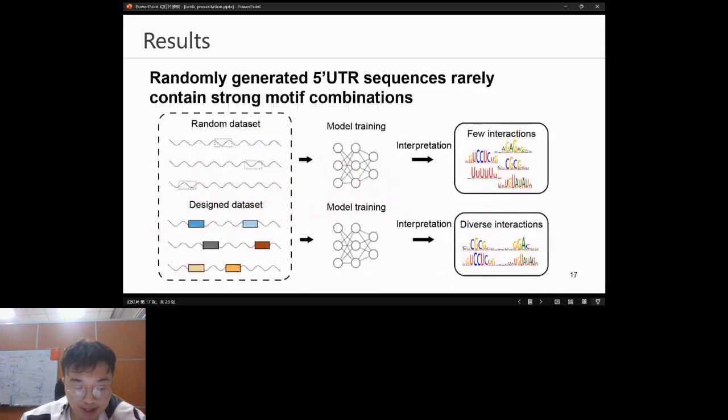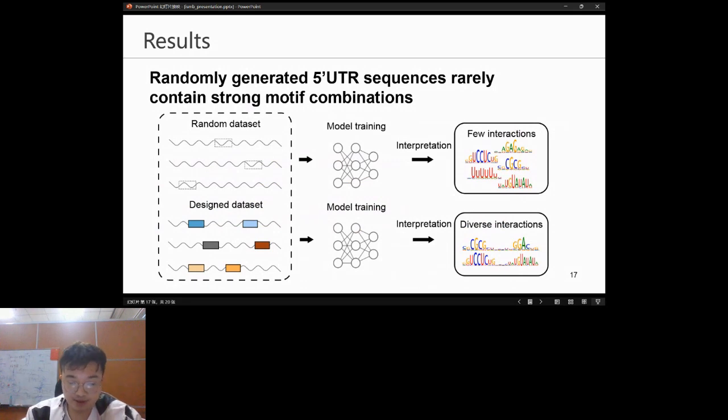Our MRL predictor is based on randomly generated 5' UTR. However, randomly generated 5' UTR sequences rarely contain strong motif combinations. Here we perform a simulation experiment to validate this hypothesis. We generated two datasets, one with random sequences and the other with manually designed sequences.